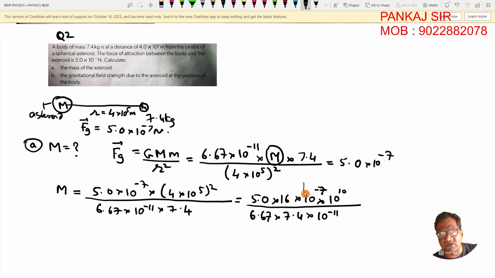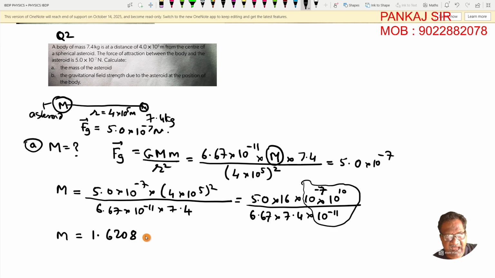All these powers of 10 I'm going to deal with together. So my capital M is 5.0 into 16 divided by 6.67 into 7.4. This will give me 1.6208 on the calculator.